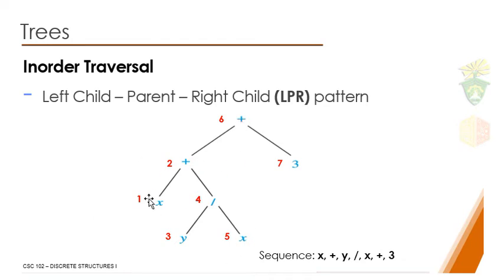So you visit the left, and then you visit the plus, the addition operator, and then the right child. It is actually easier to imagine. So, this is the output sequence. Okay? Is it clear?